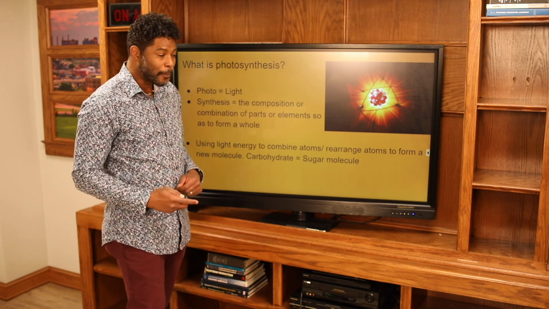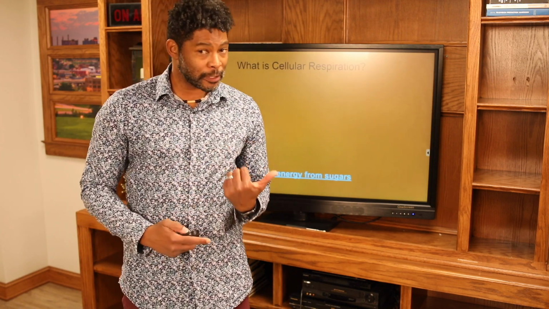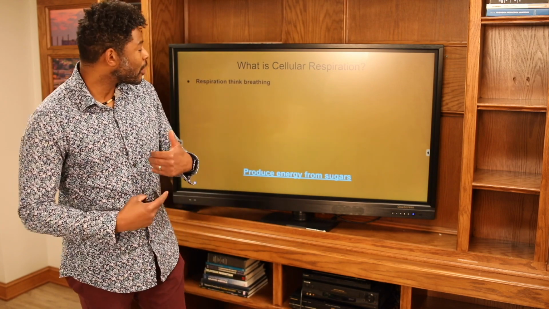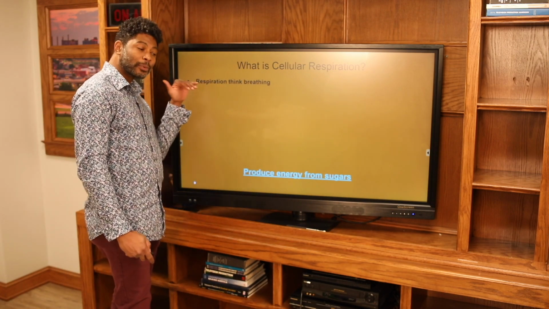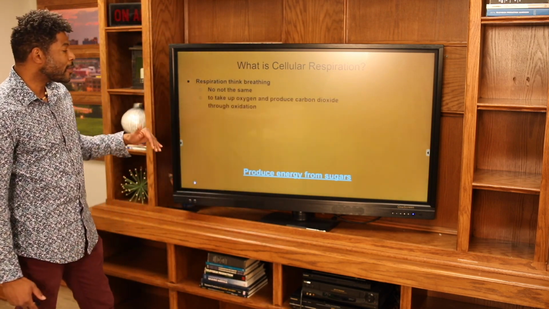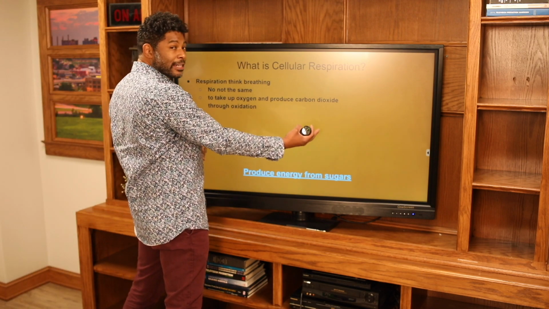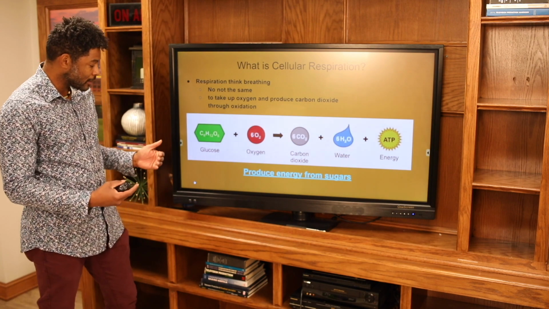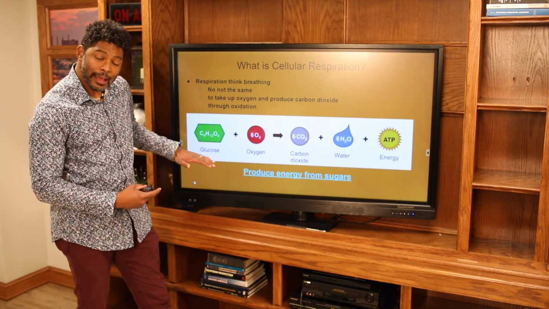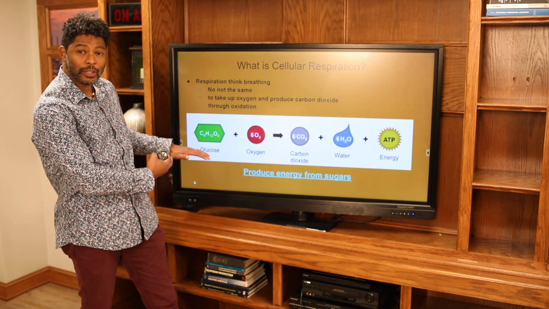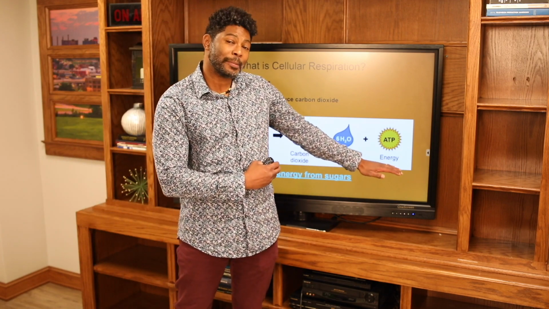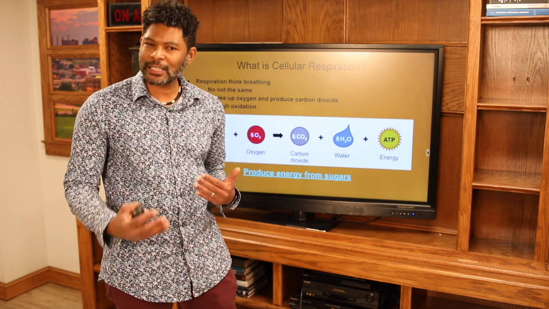Okay? Now, when we move on to cellular respiration, remember, when we talk about respiration, don't think breathing. What you want to think of is using oxygen to produce carbon dioxide, and more importantly, to take this energy that's in the form of a sugar molecule and convert it to ATP, which is like the currency of a cell.